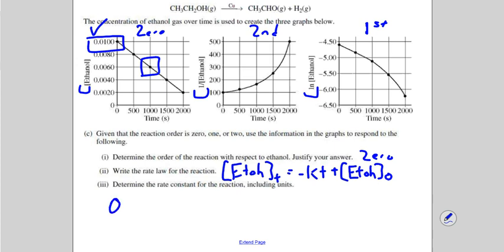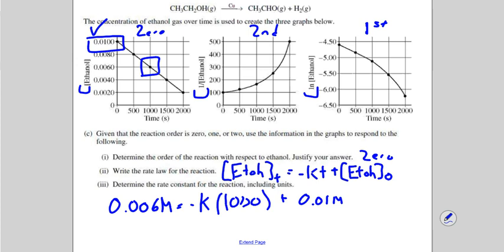At that time, our concentration of ethanol is 0.006 molar. We have negative k, which is what we're solving for. Our time at this point is 1,000 seconds, and our initial concentration is 0.01 molar.